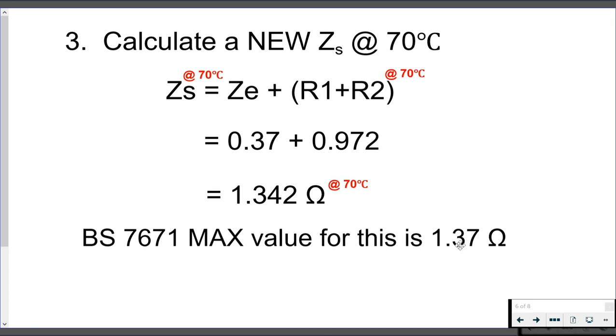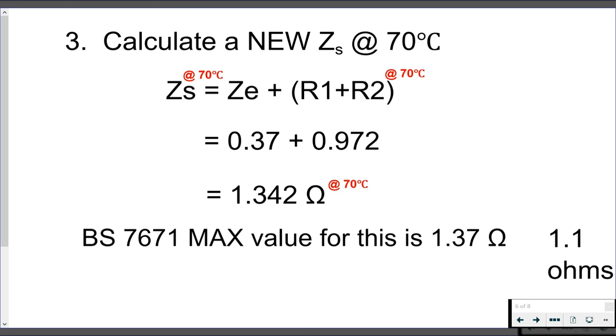This Ze value, we are going to assume is actually still sitting at 70 degrees C. It might not necessarily be that leg of the cable coming into your property, but in the street, heading back to the substation, it's sitting at 70 degrees C. So we have to take this 0.81 ohms and bring it up to the same 70 degrees C that we're expecting this external earth fault loop impedance to be sitting at.